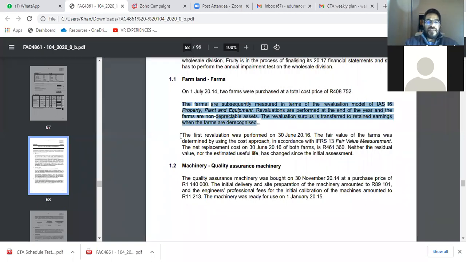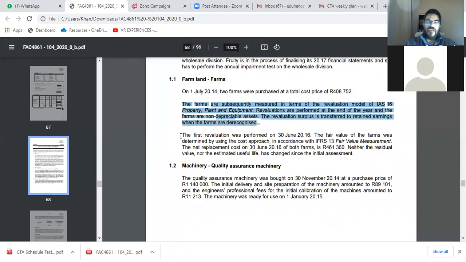They say the first revaluation was performed on 30th June 2016. The fair value of the farms was determined by using the cost approach in accordance with IFRS 13 fair value measurement. The net replacement cost on 30th June 2016 of both farms is 461. Neither the residual value nor the estimated useful life has changed since the initial assessment.